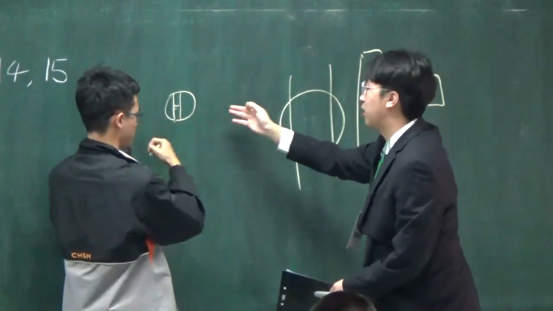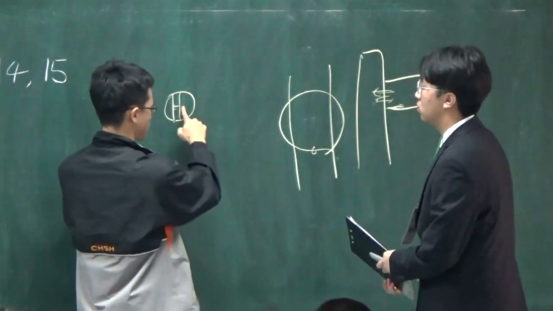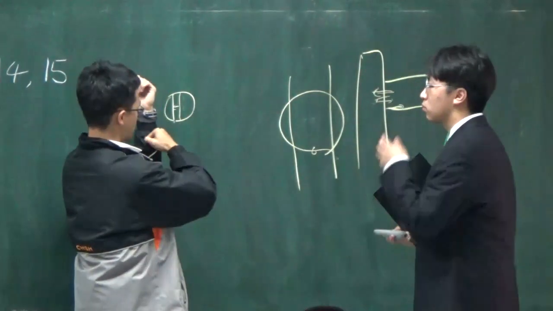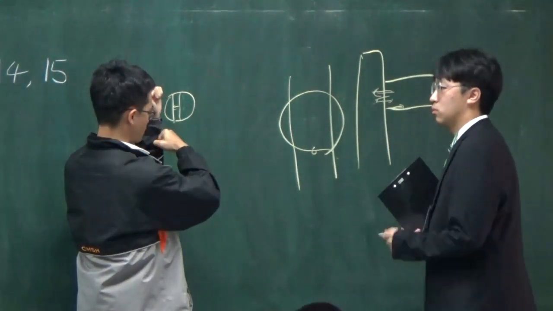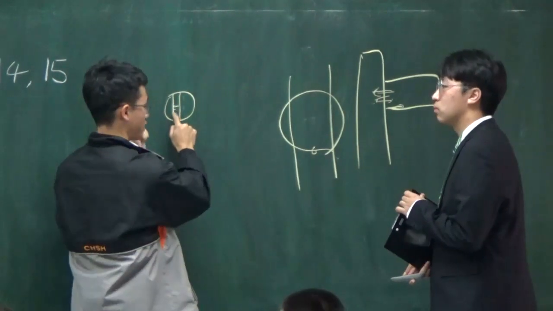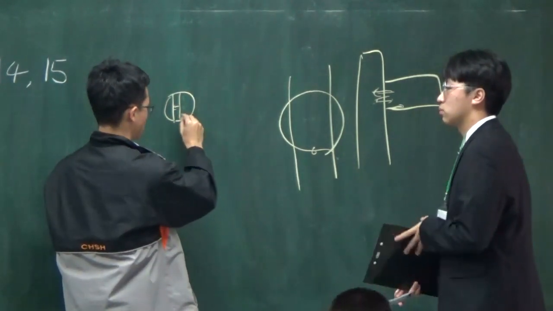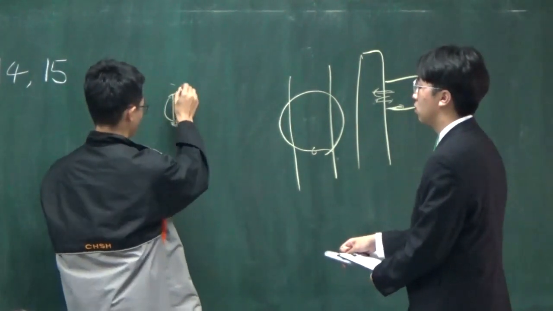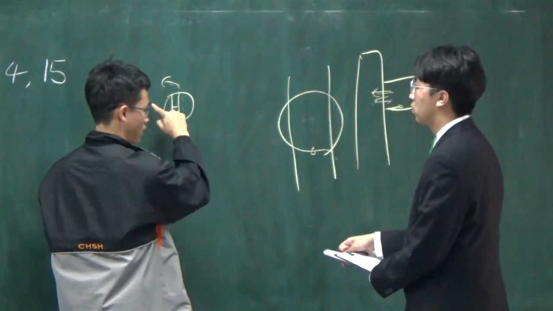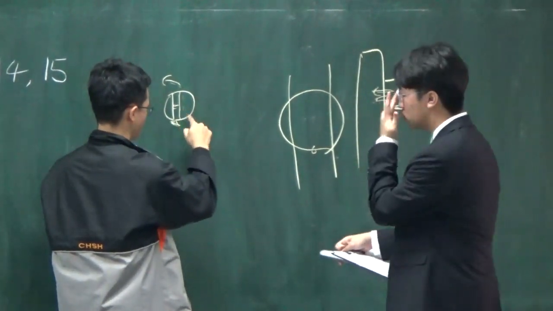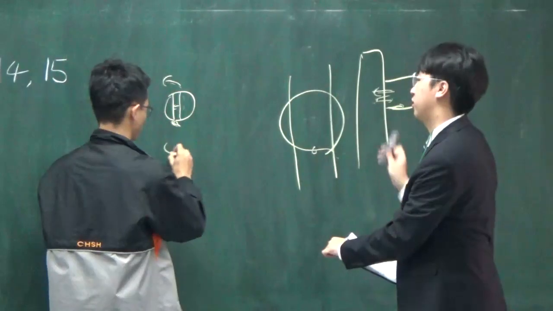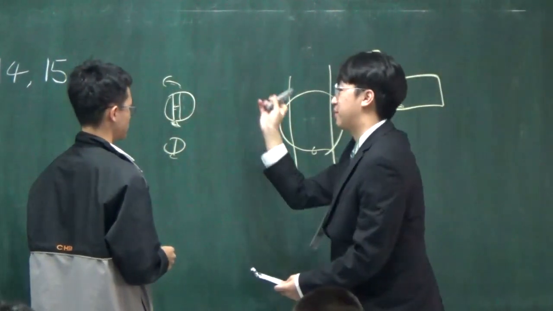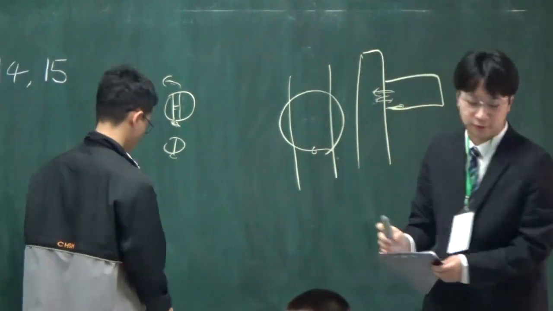Because the first contact line is here, and when the iron rod rotates, the contact line will be here, so it will relocate and rotate. So you think the rod changes and rotates. Okay.